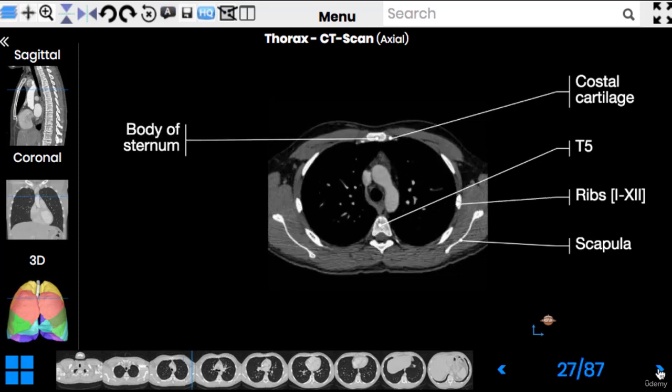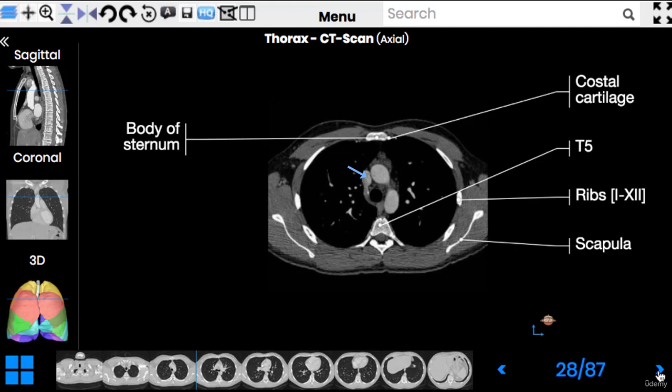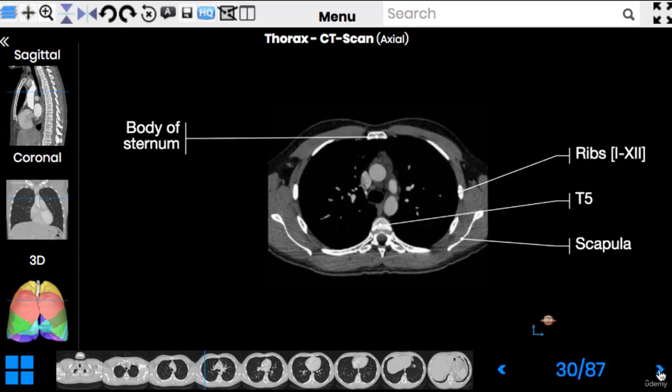Well, as I go down, you see two arches now running around the trachea. On my left, here we have the arch of the aorta, but on the right side we have another arch. This is the arch of the azygos vein, and the azygos vein enters the superior vena cava.